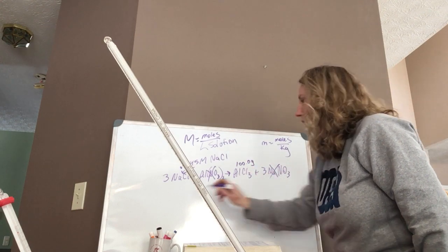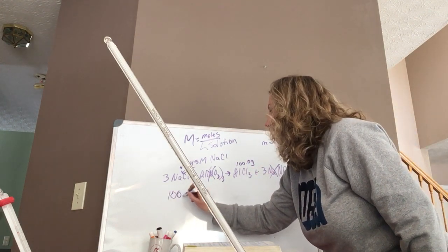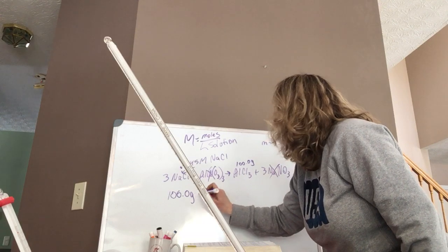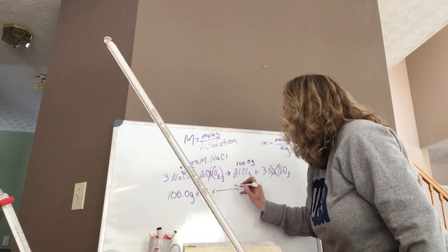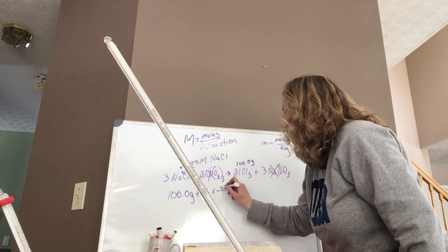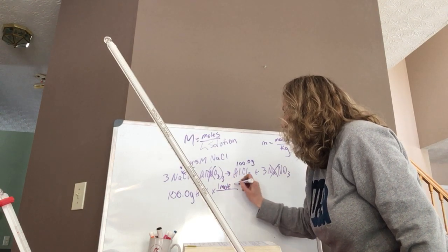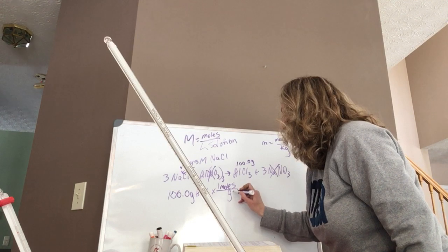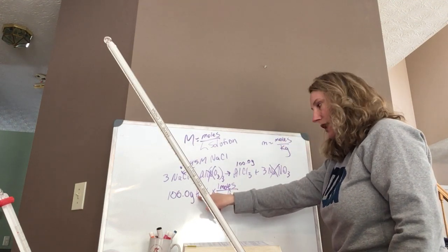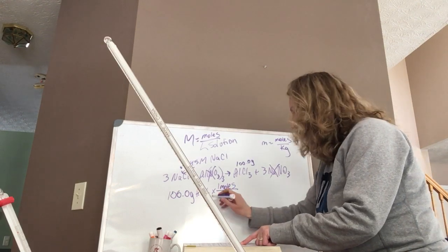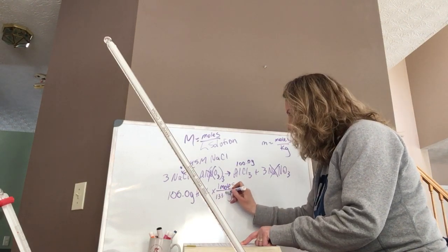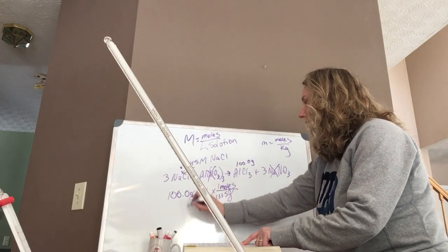So I'm going to do 100.0 grams of AlCl3. I want to convert that to moles, so I want moles on the top and get rid of my grams on the bottom. Let's look on the periodic table. 1 aluminum, 3 chlorines. How much does that weigh? 133.5 grams. The grams cancel out.